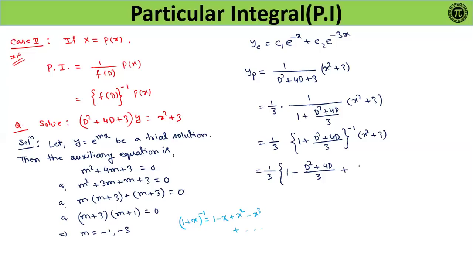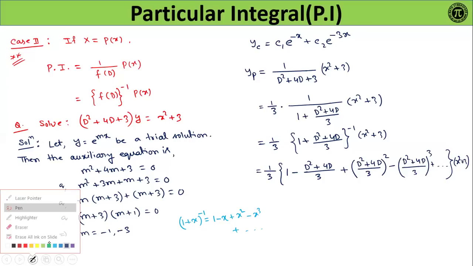X square means ((D square plus 4D) divided by 3) whole square. Okay, minus x cube. X cube means ((D square plus 4D) divided by 3) whole cube plus dot dot dot. Actually this is an infinite series, and you have to write x square plus 3.